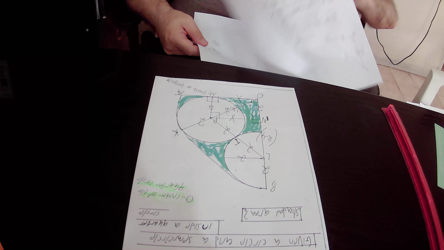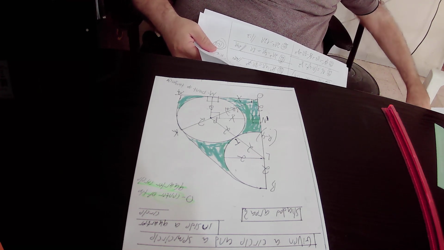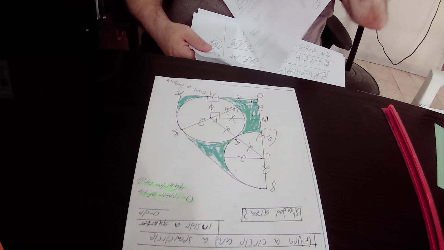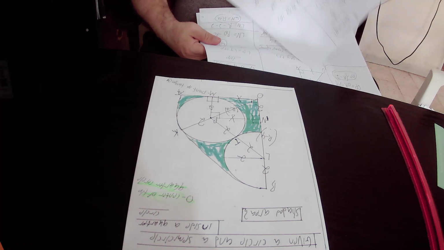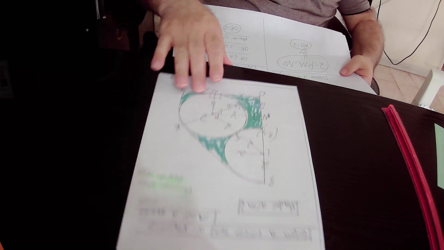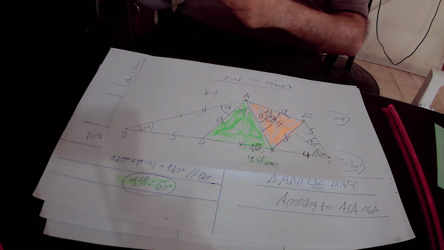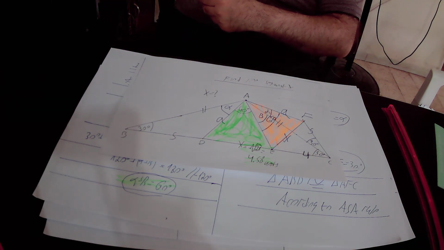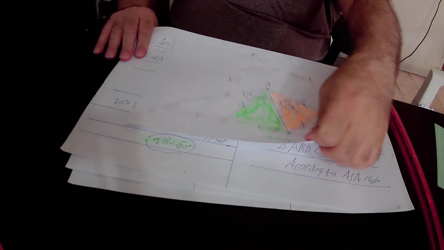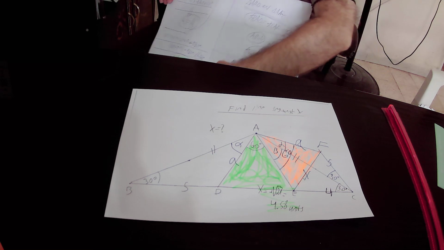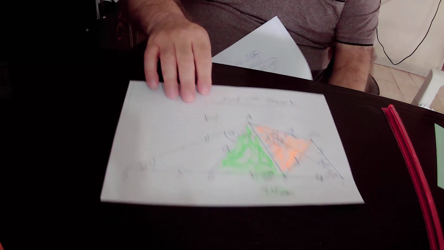Okay, we start with the first question. In the drawing we have triangle ABC.